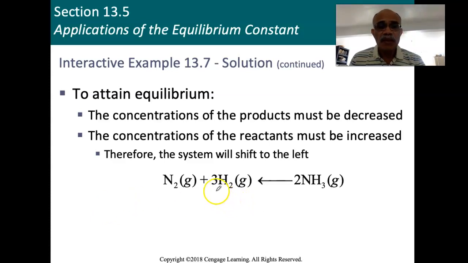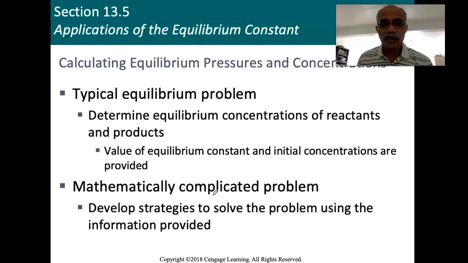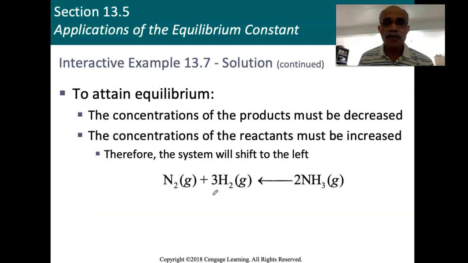So this is what is predicted from the value of Q, that the reaction is going to start from the right and move to the left. So in other words, more of these two will be formed, and some of this will be used up.